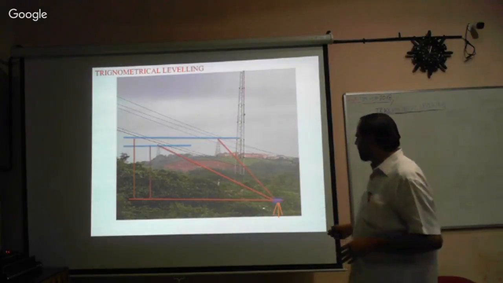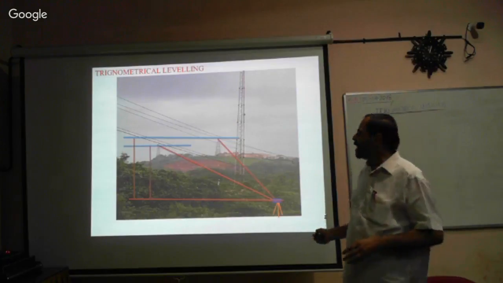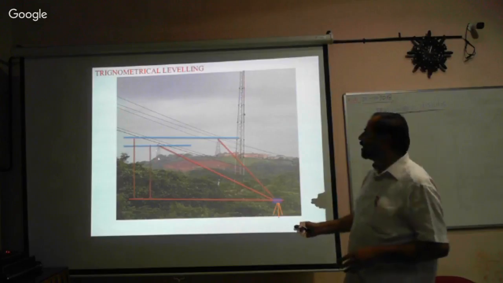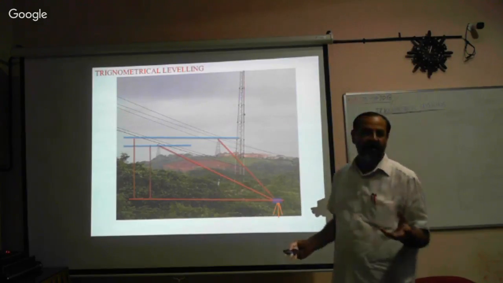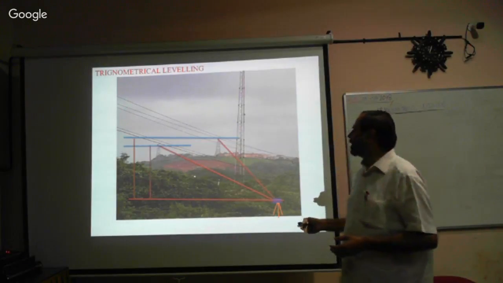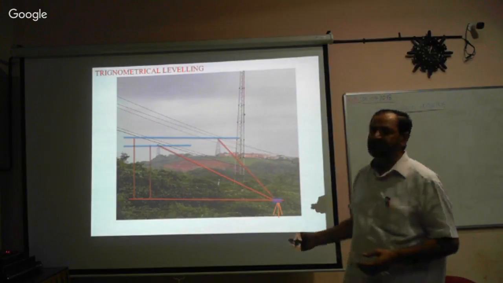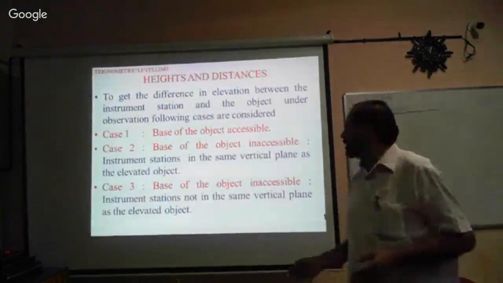From here to here we can measure the horizontal distance, from one station to the base of the object, with the tape or chain. Whereas here, it is not possible. It is difficult. Much more difficult tasks may come across in civil engineering problems. It is not possible to reach the base of this object from the instrument station. That is base of the object inaccessible.